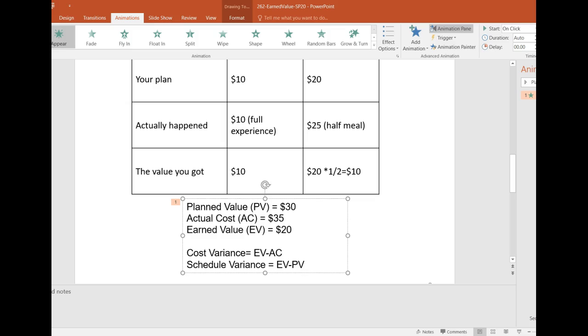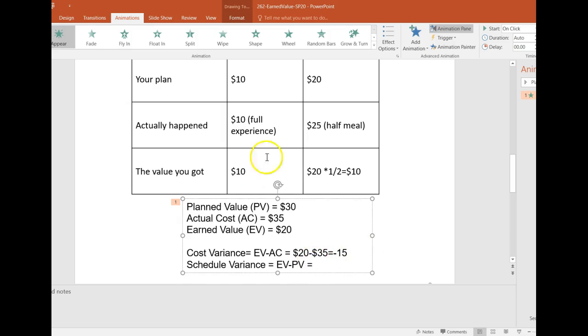And then for us in the lab exercise and in earned value analysis, we compare your earned value, what you had accomplished, and what you paid for it. So the difference between the two, 20 minus 35, is minus 15. So you're over budget by $15.